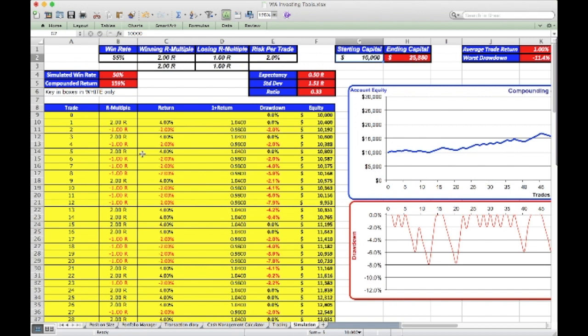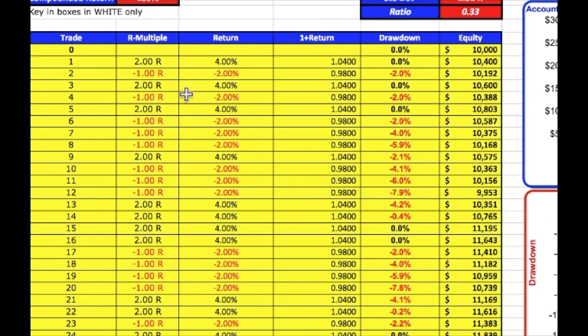Most people will say, yes, I would like that. Now, I can guarantee you that you will get this result, or roughly this result, if you follow the system. But I can tell you that most people, psychologically and emotionally, will not be able to follow the system. Why? Because you can see that out of the 100 trades, the wins and losses can come in a row. For example, it's a win, it's a loss, it's a win, it's a loss.